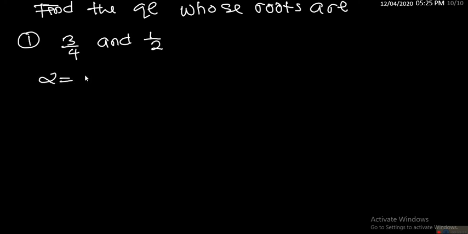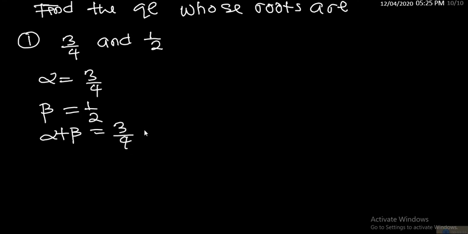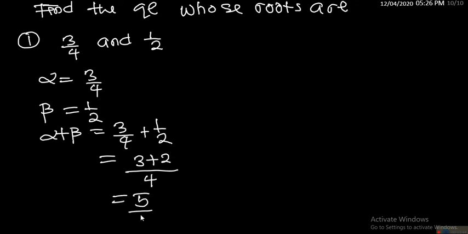So let alpha equal 3 over 4 and beta equal 1 over 2. So alpha plus beta equals 3 over 4 plus 1 over 2, which is, lowest common multiple is 4, 3 plus 2, which is 5 over 4.